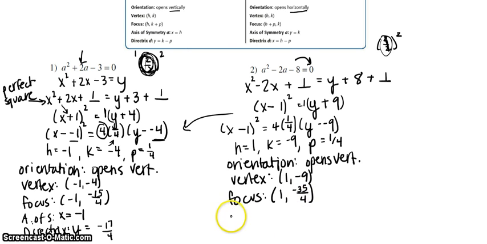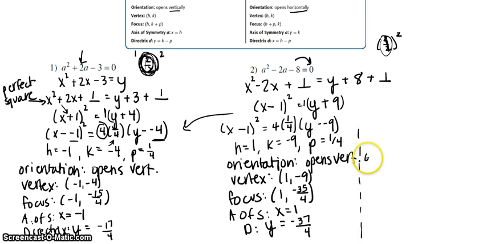You can check my math if you want. And then we have our axis of symmetry, which is just going to be x equals 1. And then our last one is just going to be y equals -37/4. Now, I'm sure the question that's pressing on your mind is, what if it opens horizontally? What has to change?